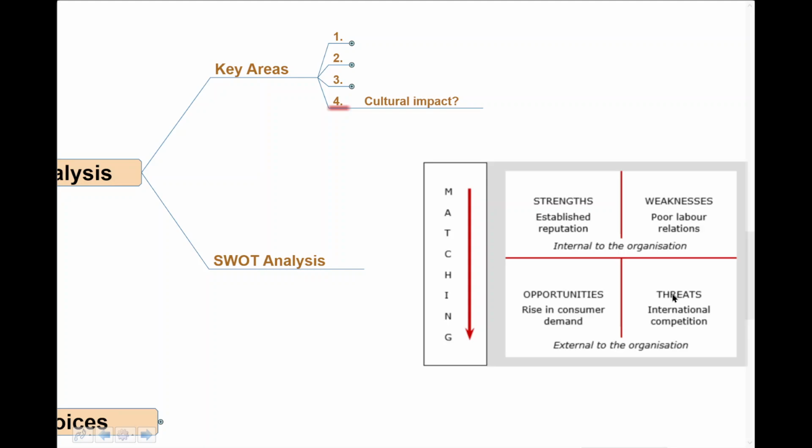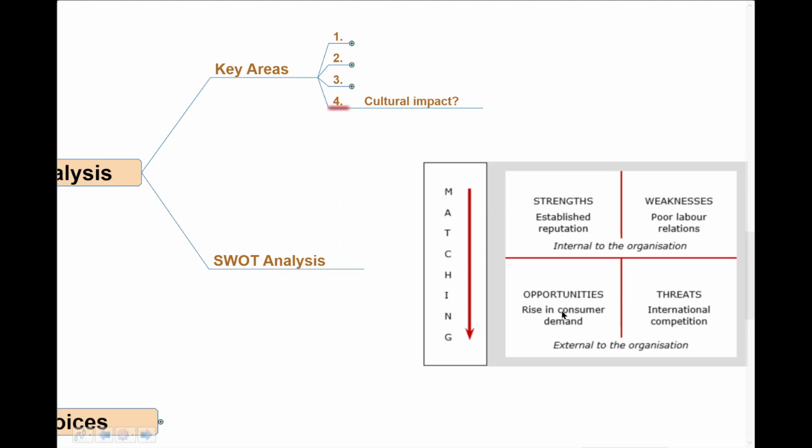So in terms of an approach to a SWOT analysis, rather than simply saying, oh well, let's just list our strengths, list our weaknesses, list our opportunities, list our threats, and then go home, what we need to think of is, what do we do? What do we do in relation to these areas? When we think of a strength, for example, let's try and match a strength to an opportunity in one way.